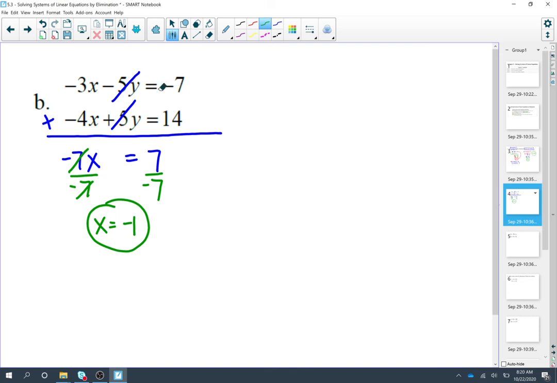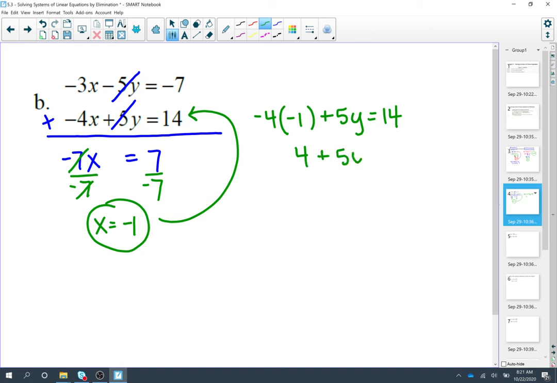Again, it doesn't matter where you put it. I'm just going to put it in the second one this time. Keep in mind this time we have an x, so -4 times x, which is -1, plus 5y equals 14. -4 times -1 is +4 plus 5y equals 14.